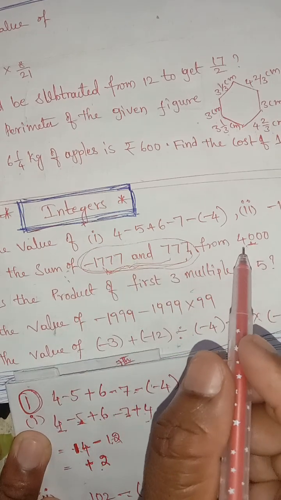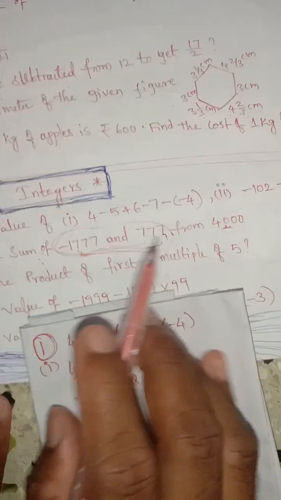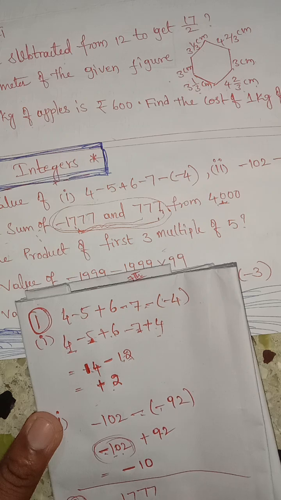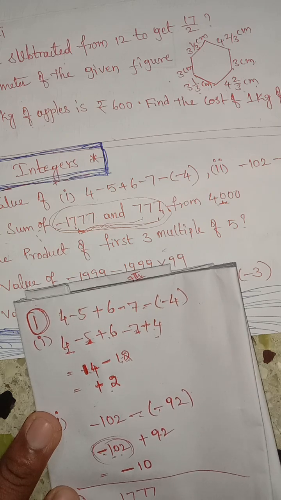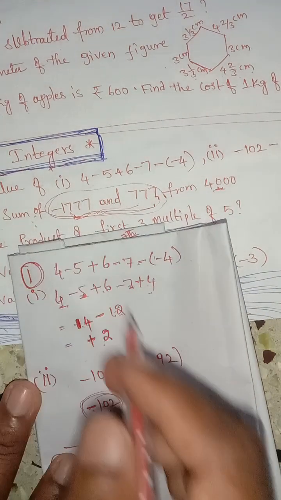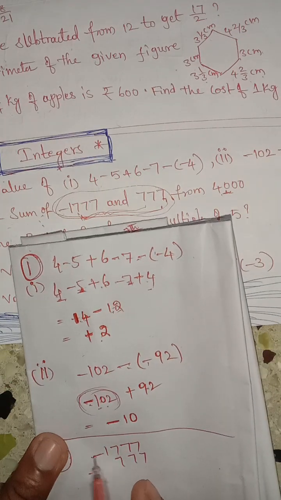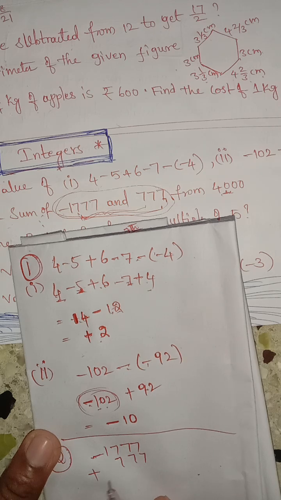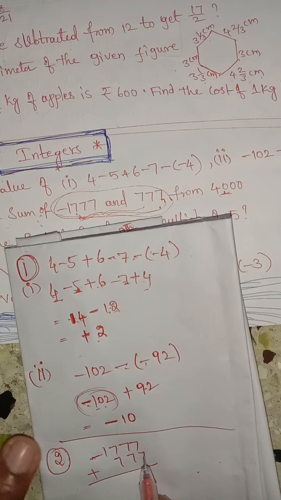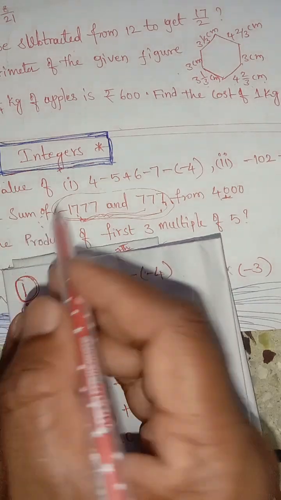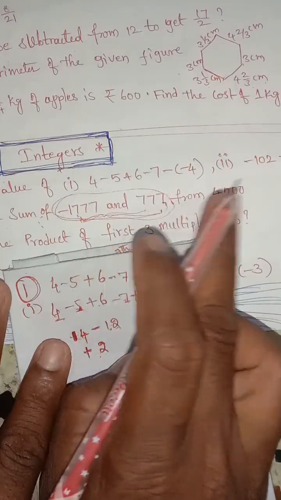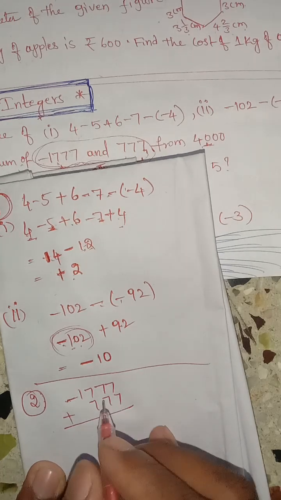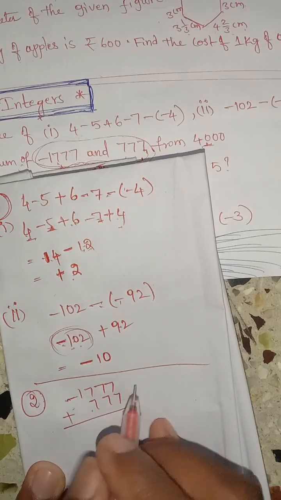So first, the sum of minus 777 plus 777.